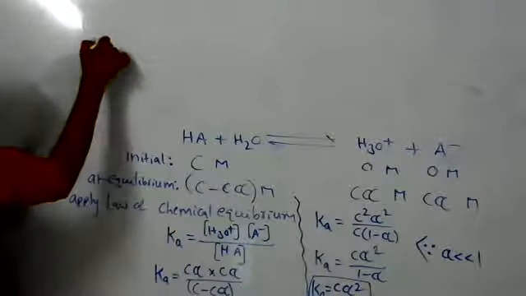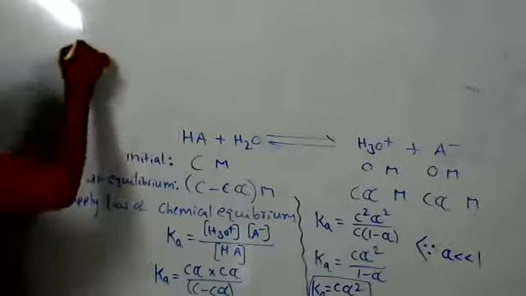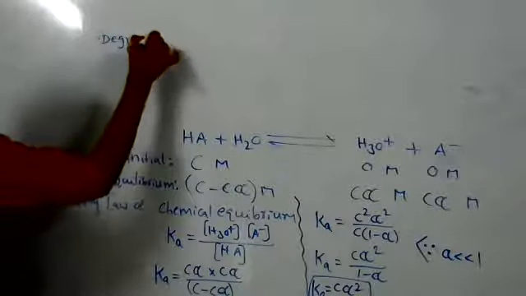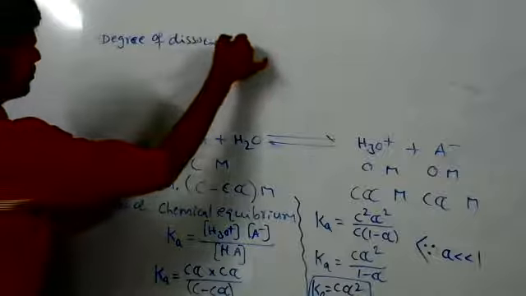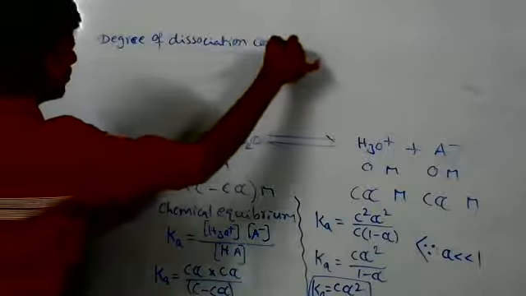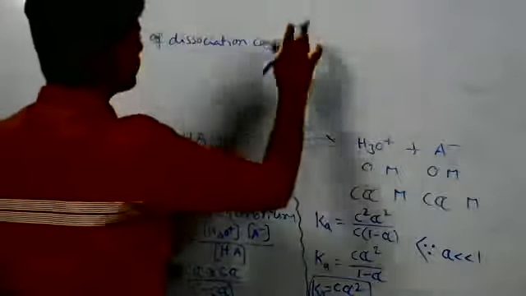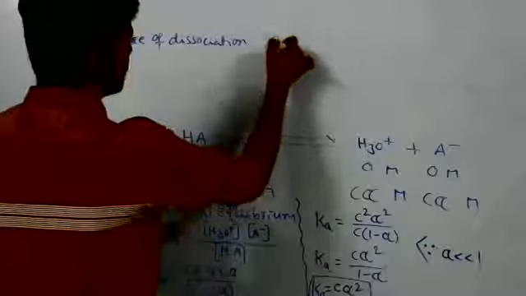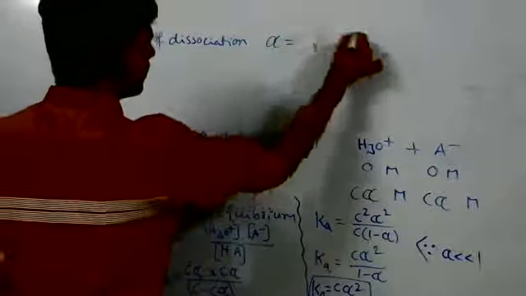Acid dissociation constant, sorry, degree of dissociation. Alpha is equal to root of Ka by C.